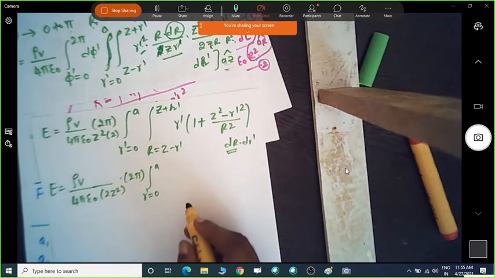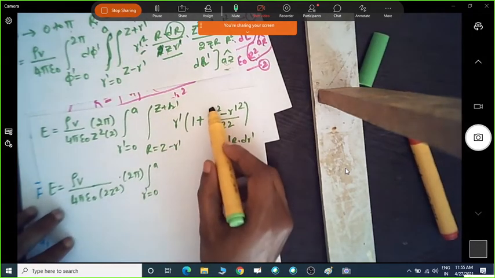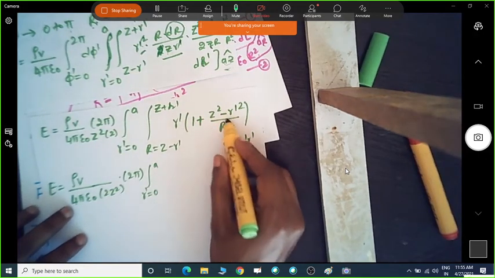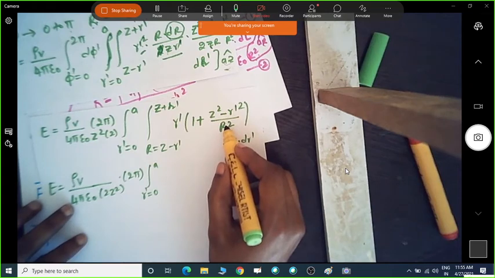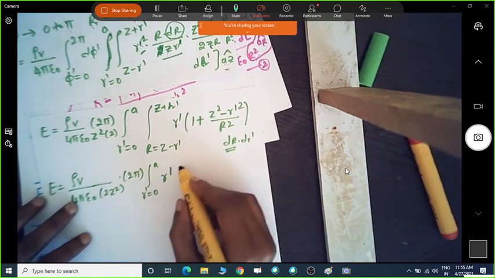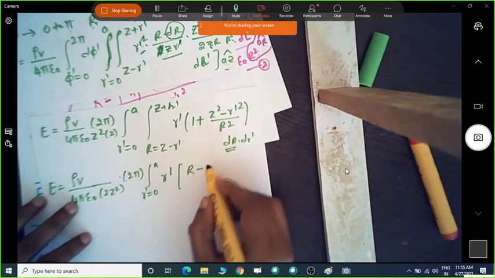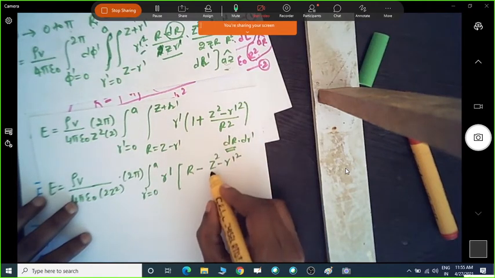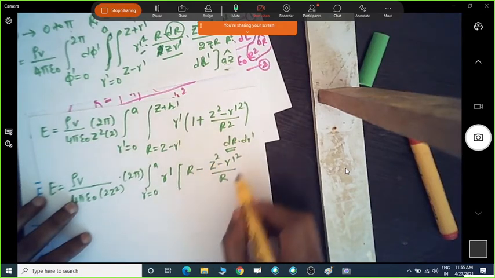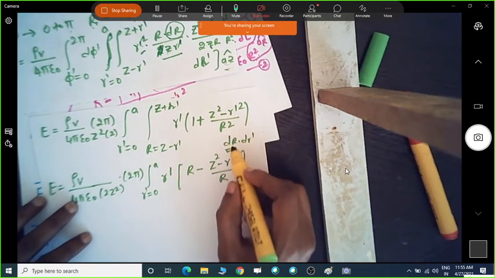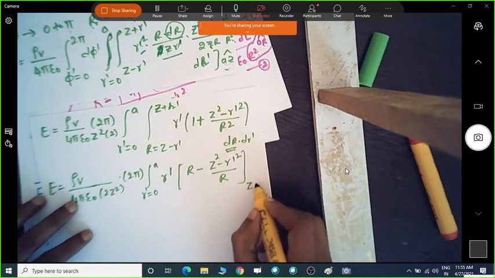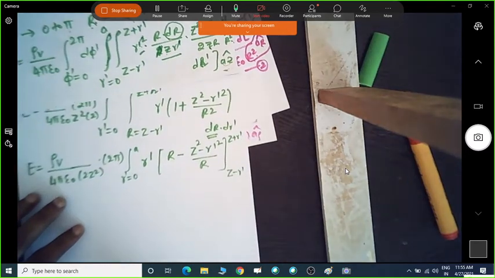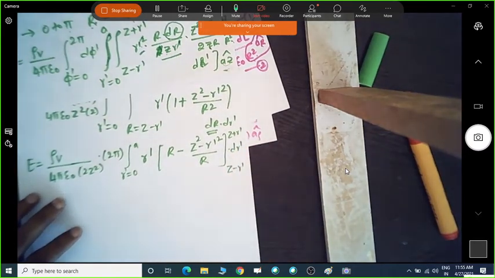Now if you integrate this with respect to dr, we can apply the quotient rule and you will get r dash into r minus z minus r dash, that is z square minus r dash square divided by r. This is the integral with respect to dr, and you can substitute the limits z minus r dash to z plus r dash, into dr dash.